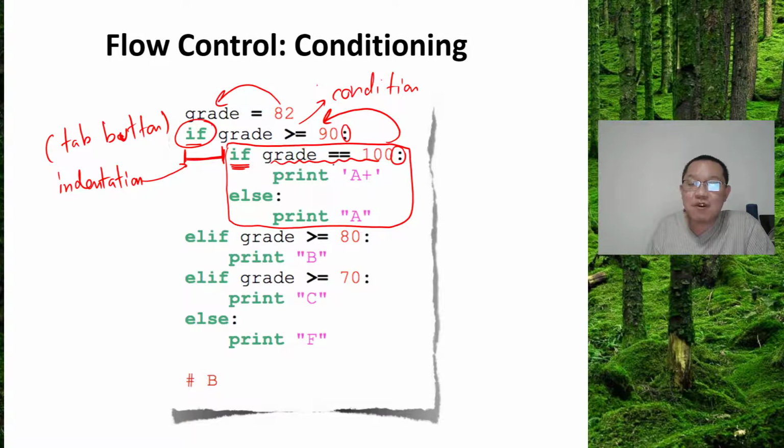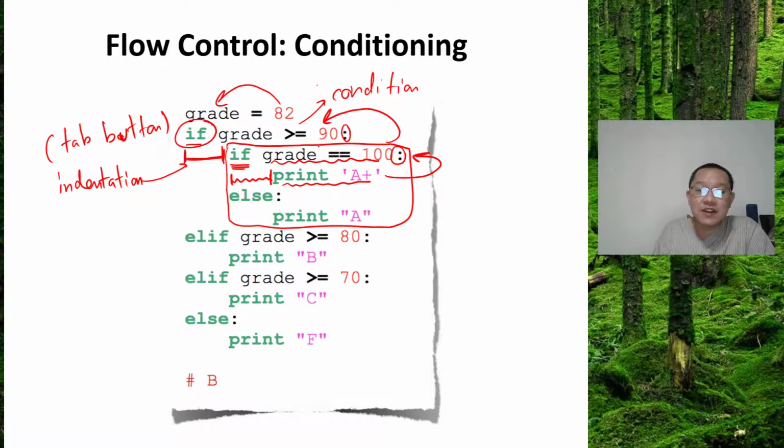If the grade equals 100, what will this part do? The command inside this if is print A plus. You can see another indentation, which says that this command belongs to this condition and will be executed only when this condition is true.